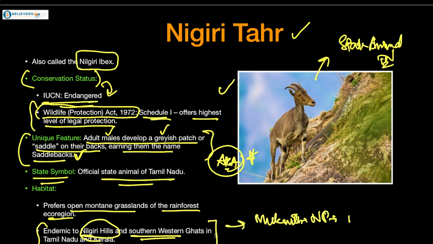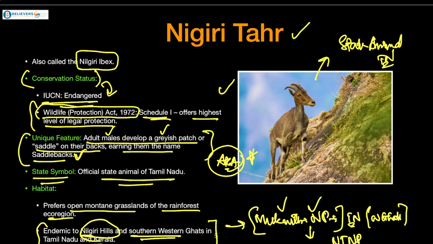The Mukurthi National Park is situated in the northwestern corner of Tamil Nadu within the Western Ghats. So it is predominantly an important conservation species under this park. In fact, Mukurthi National Park was originally called the Nilgiri Thar National Park, created solely to safeguard the Nilgiri Thar as the keystone species.